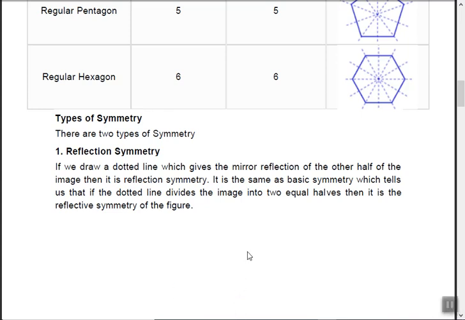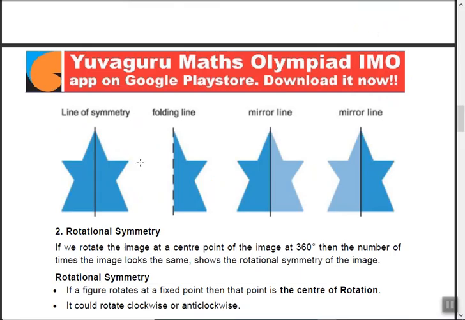Basically you can call it mirror symmetry. It is the same as basic symmetry, which tells us if a dotted line divides the image into two equal halves, then it is a reflective symmetry of the figure. So basically mirror symmetry. See this, mirror symmetry. This one means it's exactly the mirror image of each other. Okay. So this is known as the mirror line.